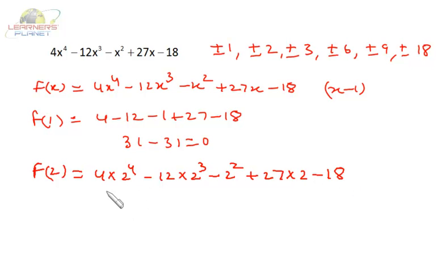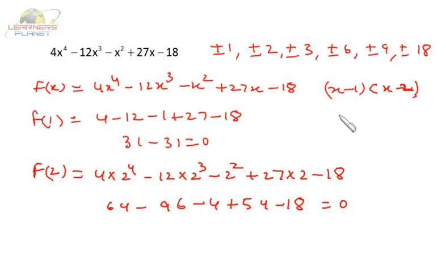So it is 16 into 4, 64 minus 8 into 12, 96 minus 4 plus 54 minus 18. So we are getting 0. Okay. So if we put x is equal to 2 in this expression, we are getting 0. That means even x minus 2 is a factor. Now let's proceed.